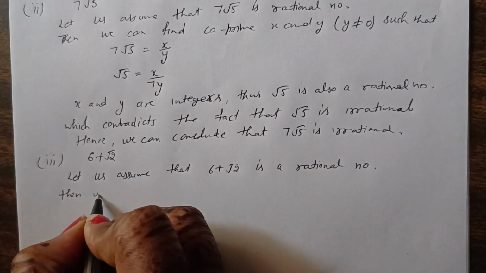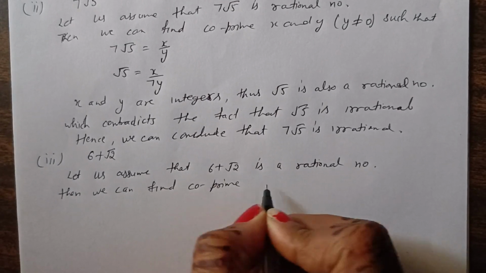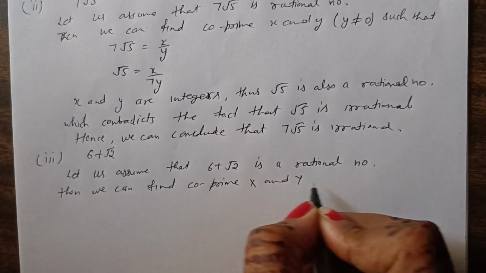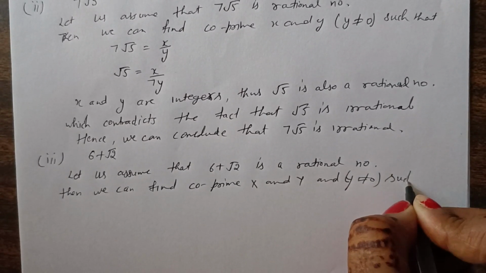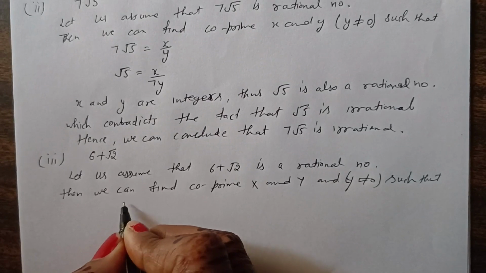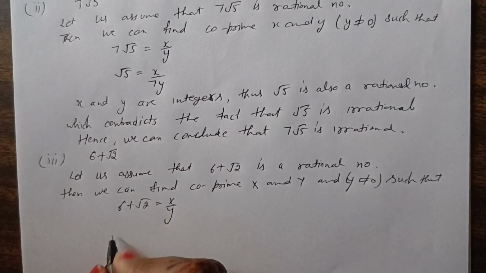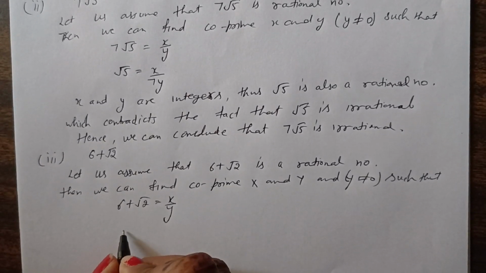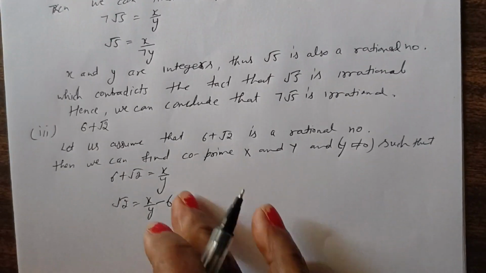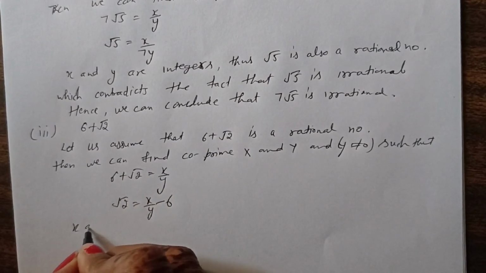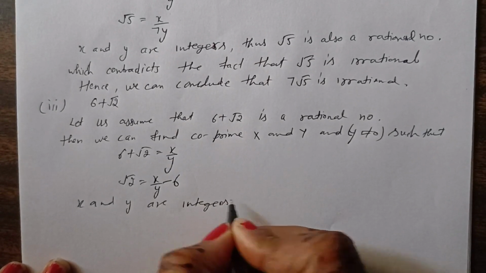Then we can find co-prime x and y, y does not equal to 0, such that 6 plus root 2 is equal to x upon y. Now rearranging this, root 2 is equal to x upon y minus 6. x and y are integers.